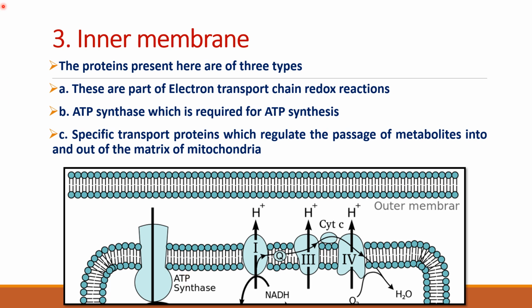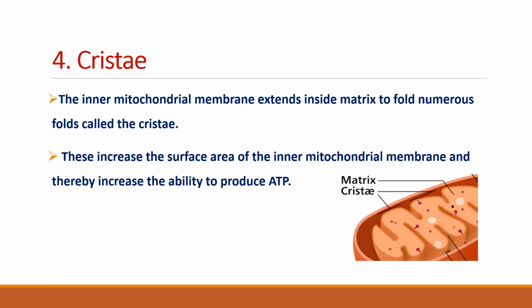There are a total of 151 proteins associated with this, of which some are part of the electron transport chain, while most of the proteins are translocases, which are important for transport.